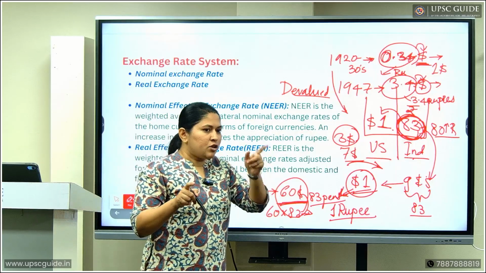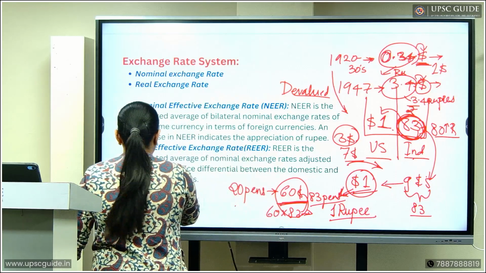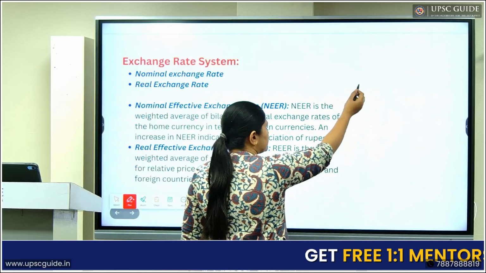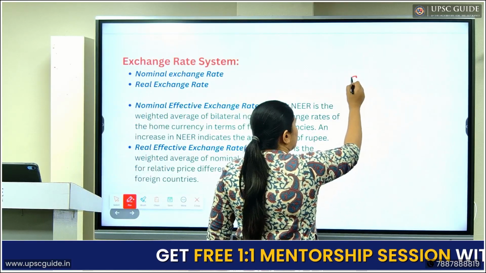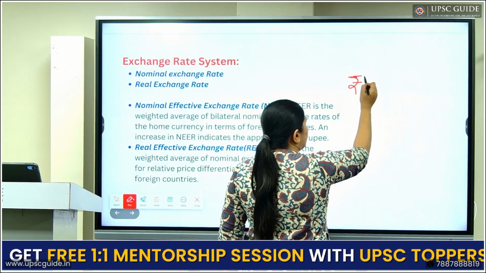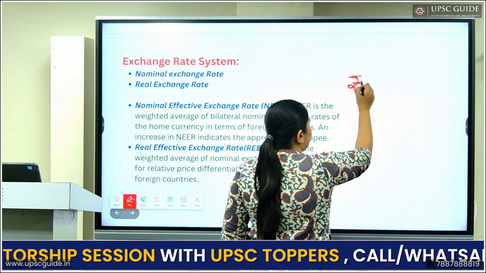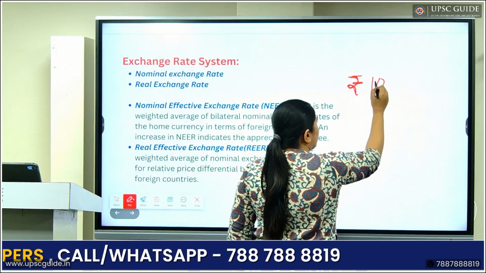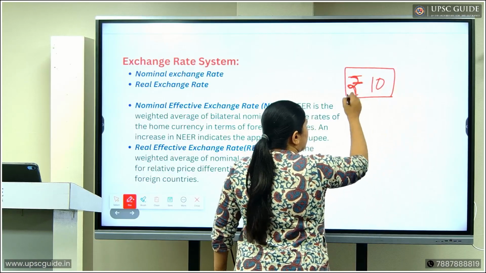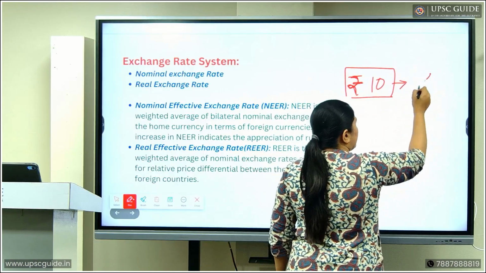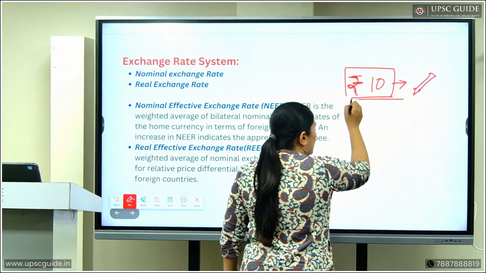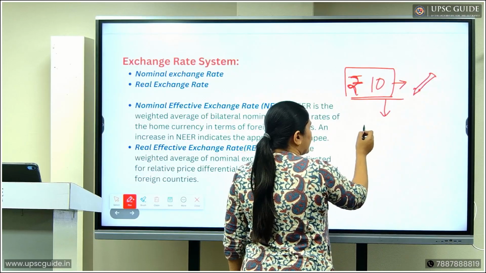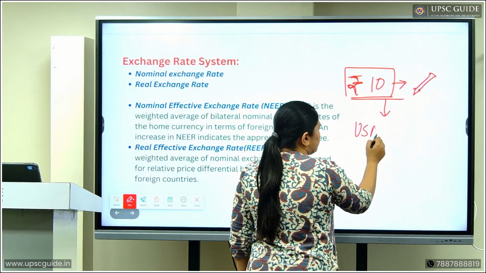Now, if we see the positive factor: let's take a pen only, if a pen worth 10 rupees is in the international market for sale, and here USA is buying it.